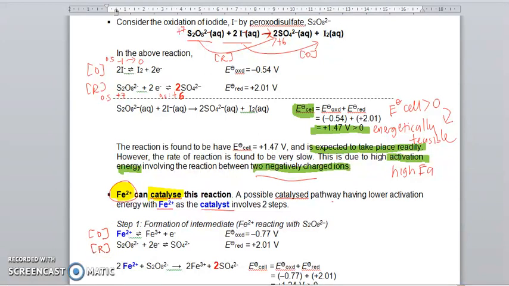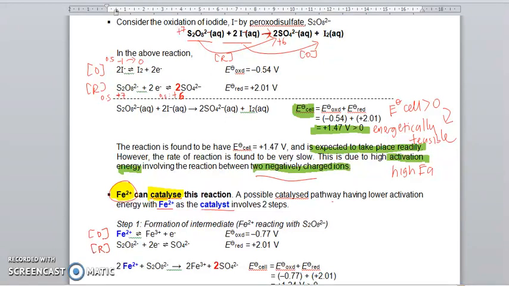Why is that so? Because in a redox reaction, there must be one species reduced and one species oxidized. If you were to use Fe2+ as a catalyst, and since Fe2+ can only be oxidized to Fe3+, then your peroxydisulfate must be the one reacting with Fe2+ to be reduced to sulfate.